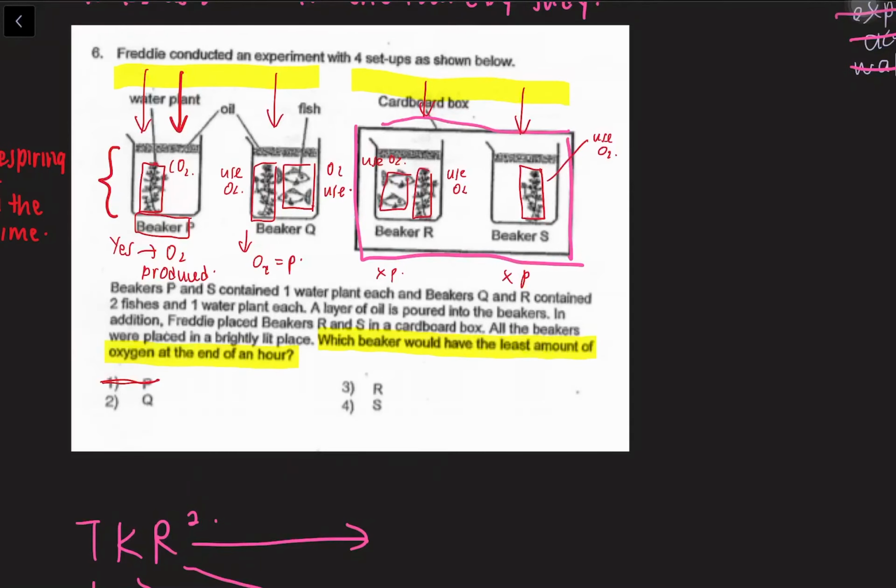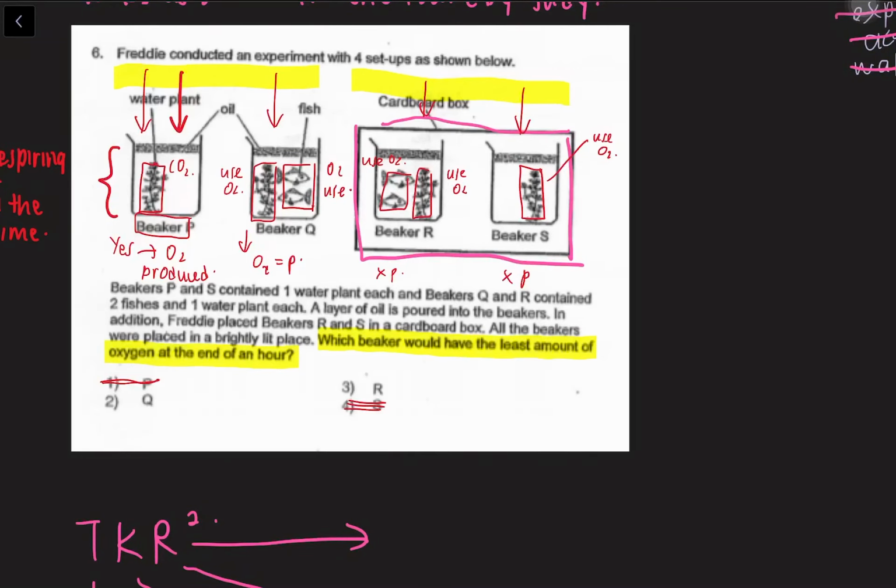Let's take a look at beaker S. So beaker S only has one organism. It is not producing O2 because no photosynthesis, because no light. So we know beaker S wouldn't really use that much because it's just one organism, right?